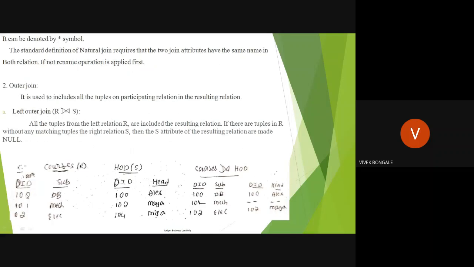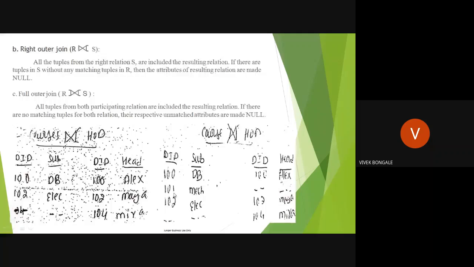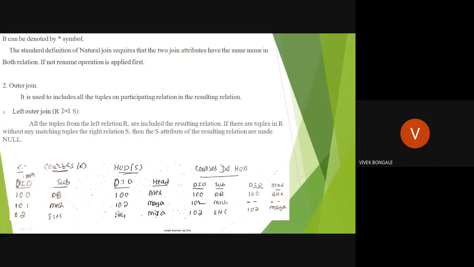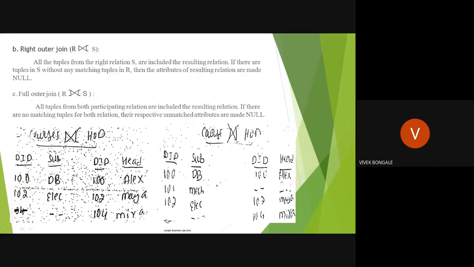Now 101 we have on the left hand side but not on the right, so we place the left hand side value and place a null value for the right. Next 102 and 102 are equal, so we place 102 electrical, 102 Maya. Now 103 is not there in either table, so leave it. 104 we have on the right hand side table but not on the left, so on the left hand side we place a null value, and on the right hand side we place the value we got from this table.